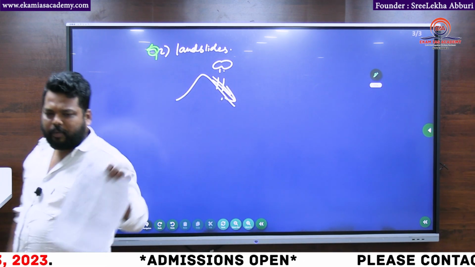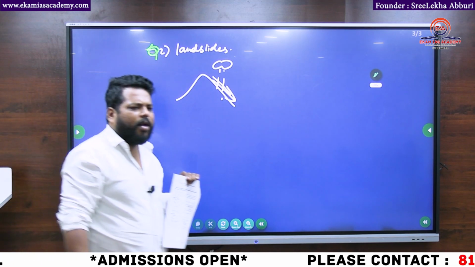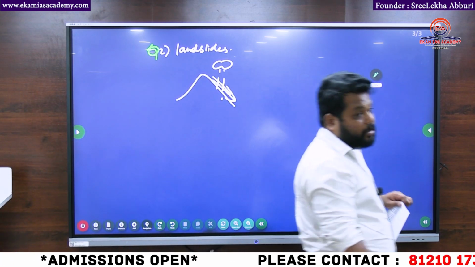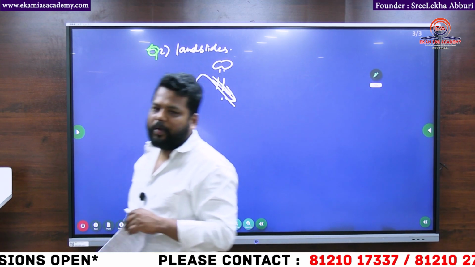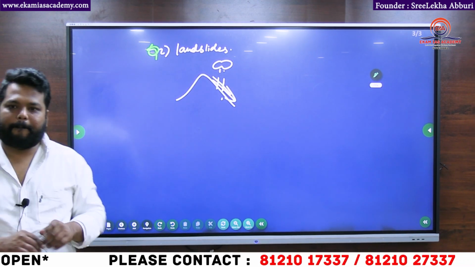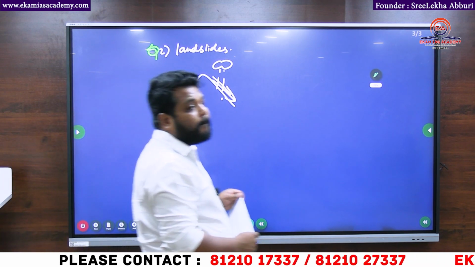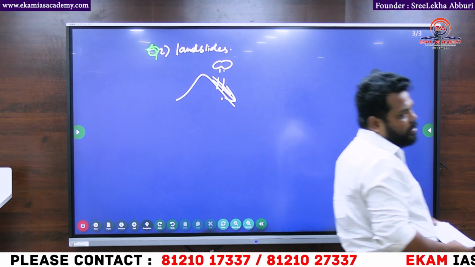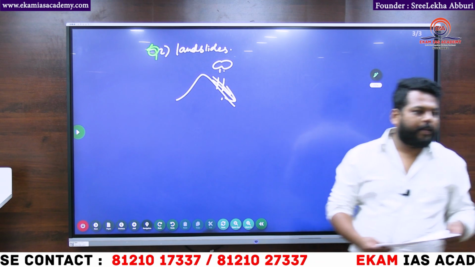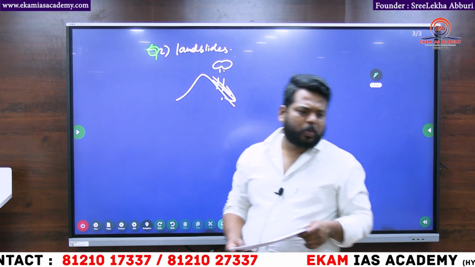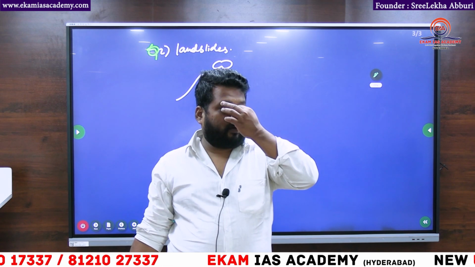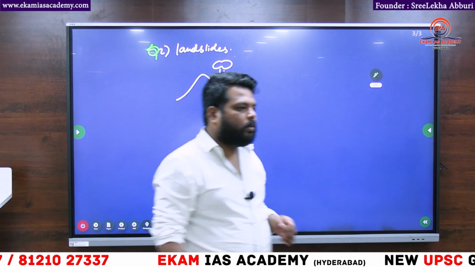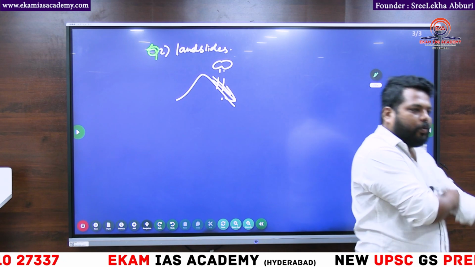And అంటే ఈ క్వశ్చన్లో ఇవ్వలేదు కానీ if you are supposed to write the measures to control the landslides, what you are going to write? Afforestation, very good. Control on tourism, responsible tourism we can write.